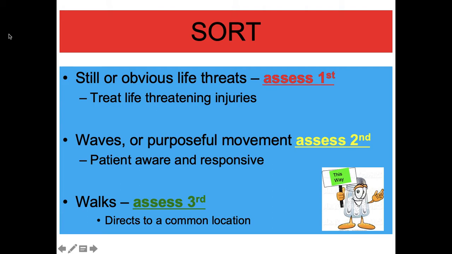Once those people are triaged and treated in the basic way, with just basic life-threatening injury treatment like a tourniquet or airway control, and that's about it, once they've been sorted out, then you go back and assess the yellow, those delayed patients that were aware and were able to respond. Then you would assess them. Remember, the people that are green, the walking wounded, are already outside being treated by those other EMTs and paramedics out there.